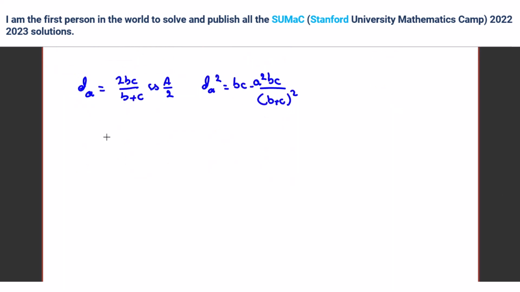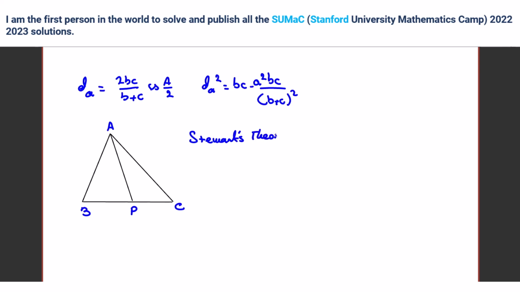And if we draw lines like this, it is A, it is B, it is C, it is P. Stewart's theorem says what? AB squared times PC plus AC squared times BP equals a times (AP squared plus BP times PC).